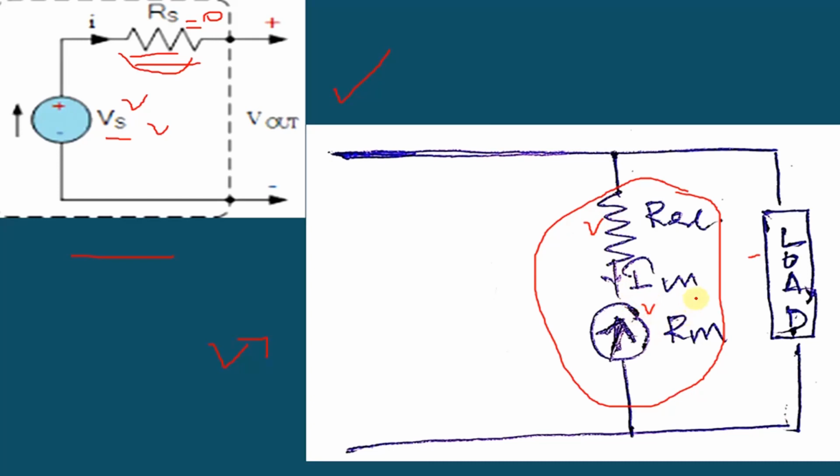So if we increase this resistance to infinite, then what will happen? This current will be 0. So whatever voltage is coming from this direction will be across the load only. So in the ideal voltmeter, the series resistance Rs should be infinite.